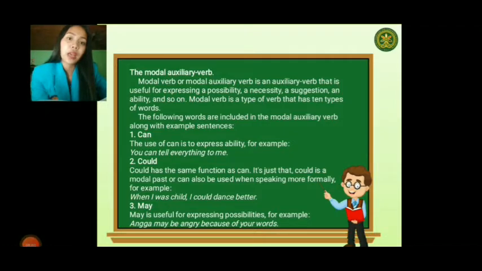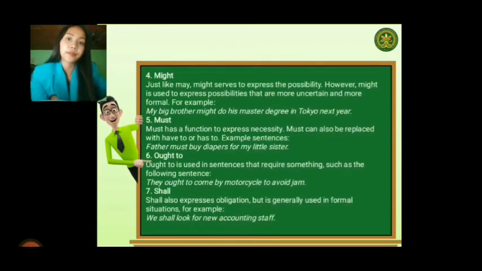3. May is useful for expressing possibilities. For example, Angga may be angry because of your words. 4. Might.